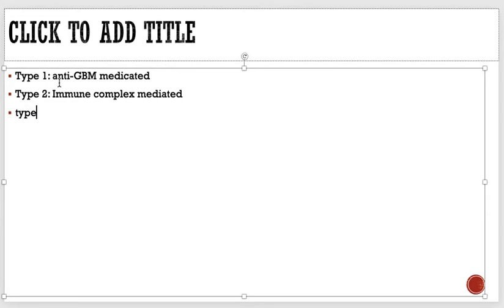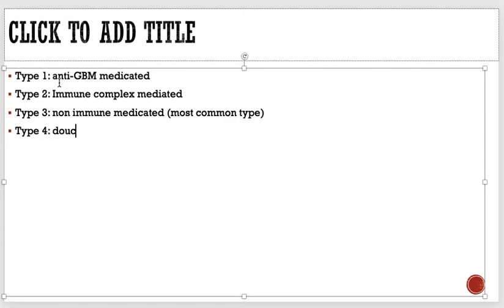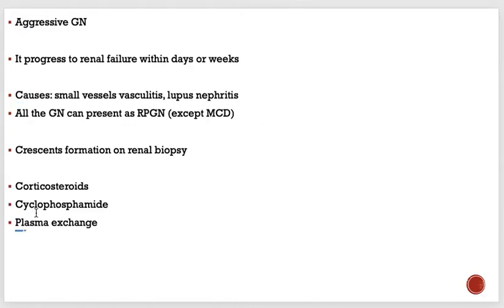Type 3 is non-immune mediated. I showed you yesterday a table in which all of them are written. This is the most common type. And type 4 is double antibody positive.